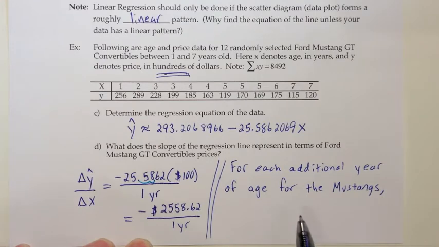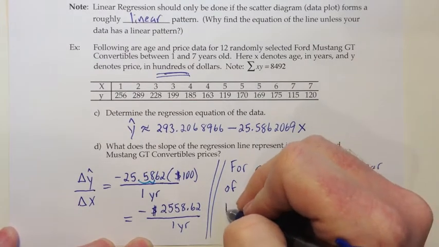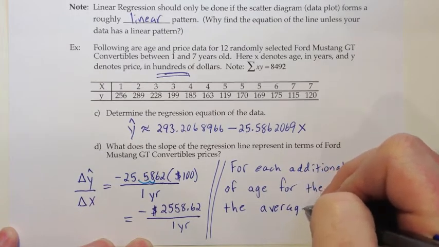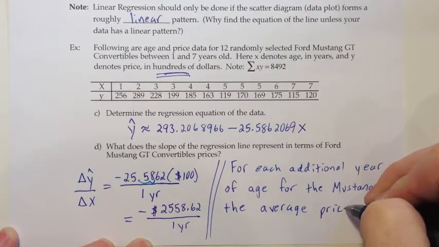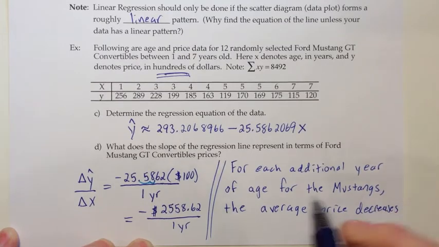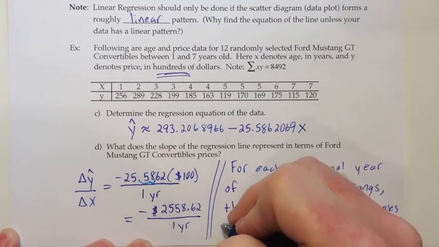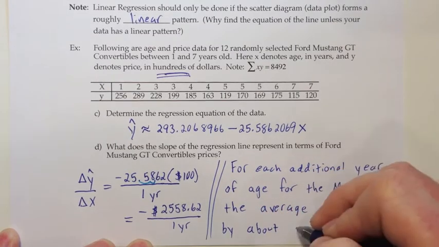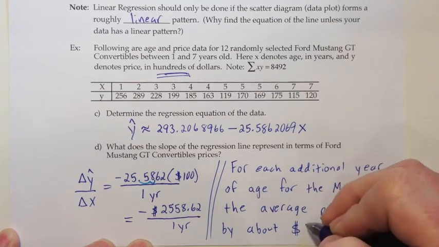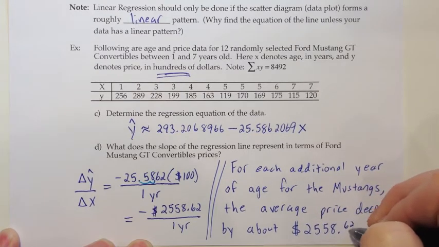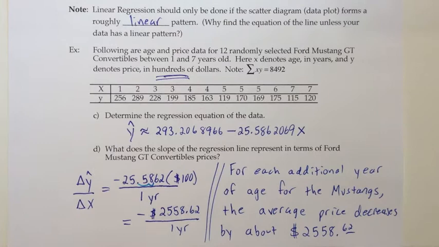So for each additional year of age for the Mustangs, the average price decreases, and decreases because it was a negative, by about $2,558.62. Alright, so just a few comments on that interpretation.